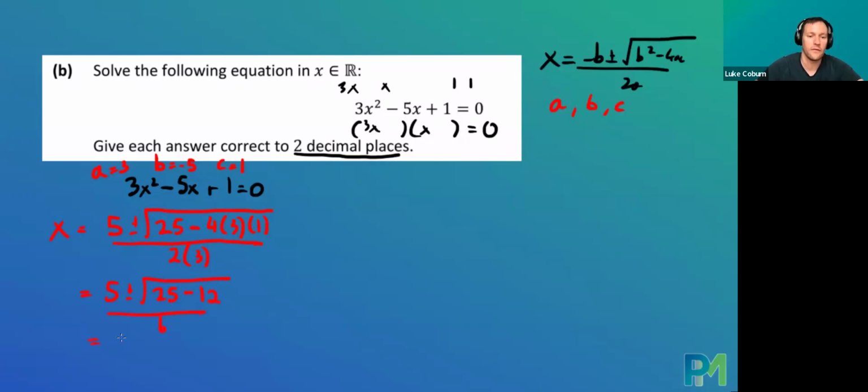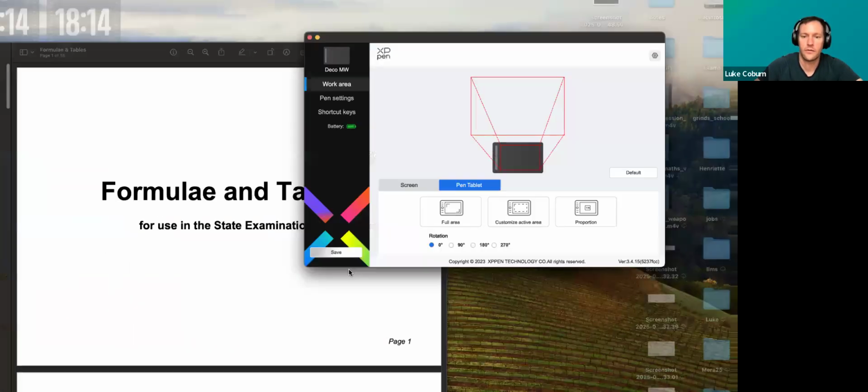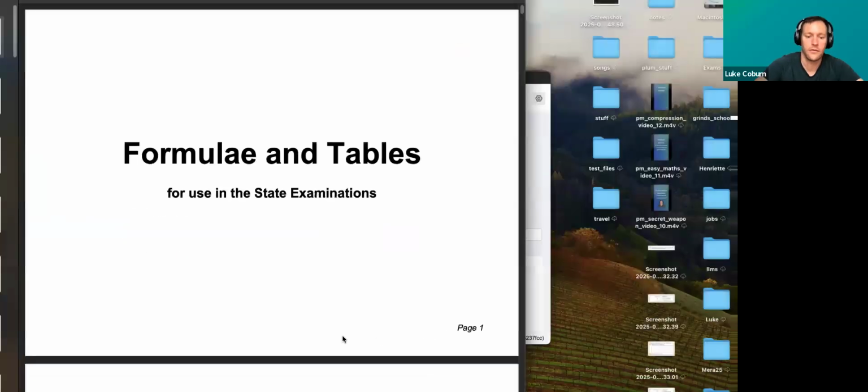This is going to be 5 plus or minus the square root of 13 over 6. So either x is equal to 5 plus the square root of 13 over 6, or x is equal to 5 minus the square root of 13 over 6. So it's either one or the other. And I think I have my calculator over here. There's my calculator.